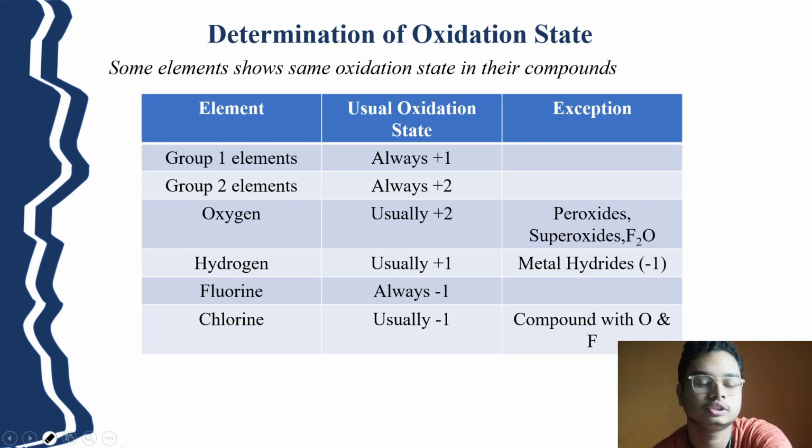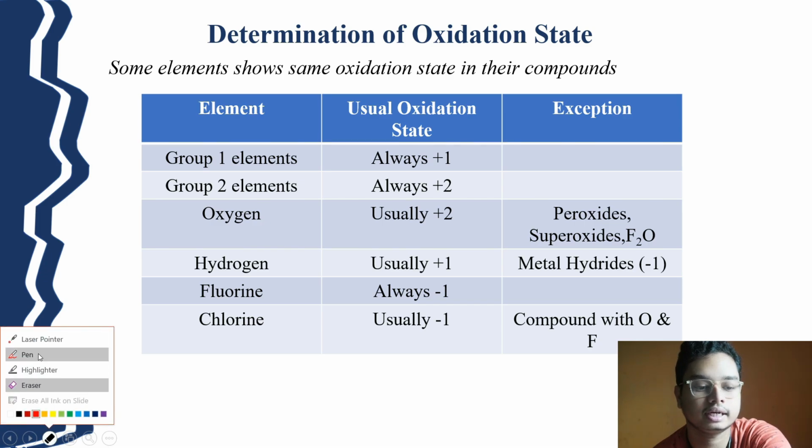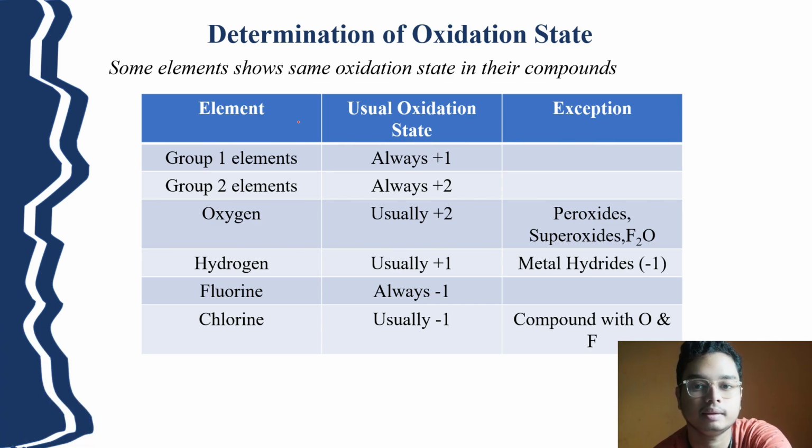Before that, we have to understand another thing: when calculating the oxidation state of a particular organic compound, some elements show the same oxidation state in their compounds. When the compound has a group 1 element, it will always show +1 oxidation state.